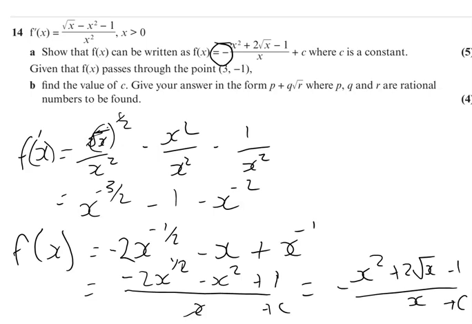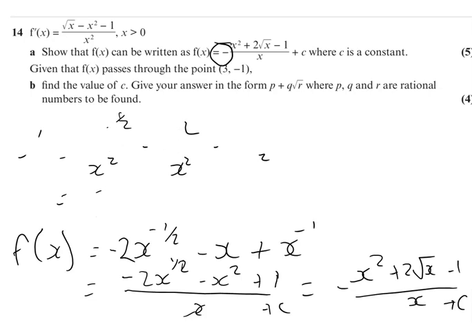Find the value of plus c. Well, we know how to do that. Let's just make a bit of space. We've got to put the values in and just solve for the plus c.